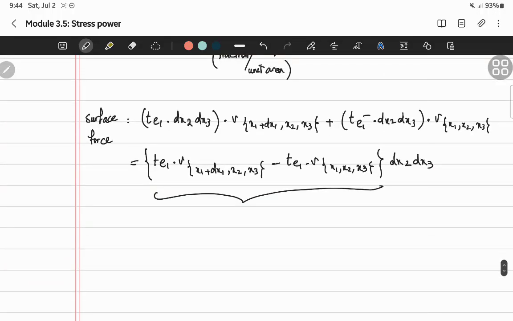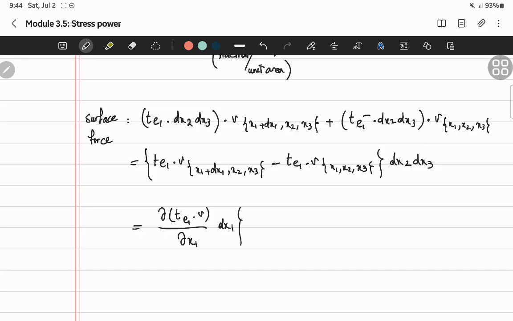If you look at this expression, it is equal to the definition of the derivative. So I can replace this with the partial derivative of TE1 dot v with respect to x1 times dx1, then dx2, and dx3. And we also have here dV, the volume of the element.